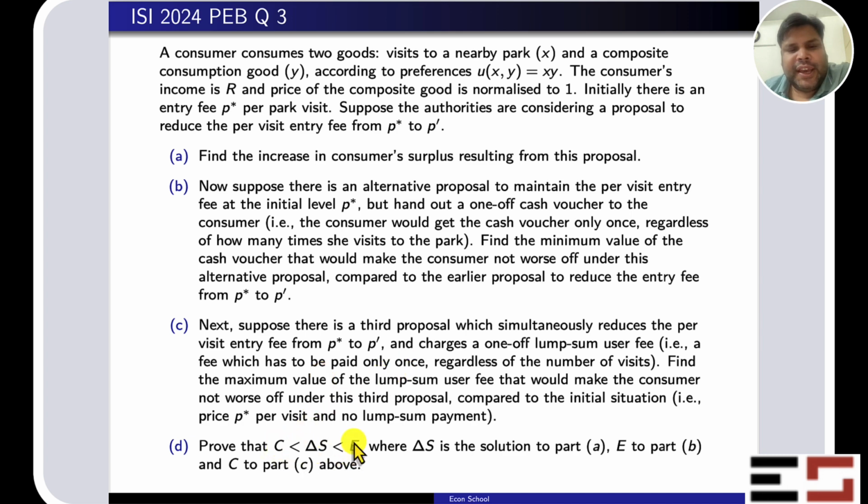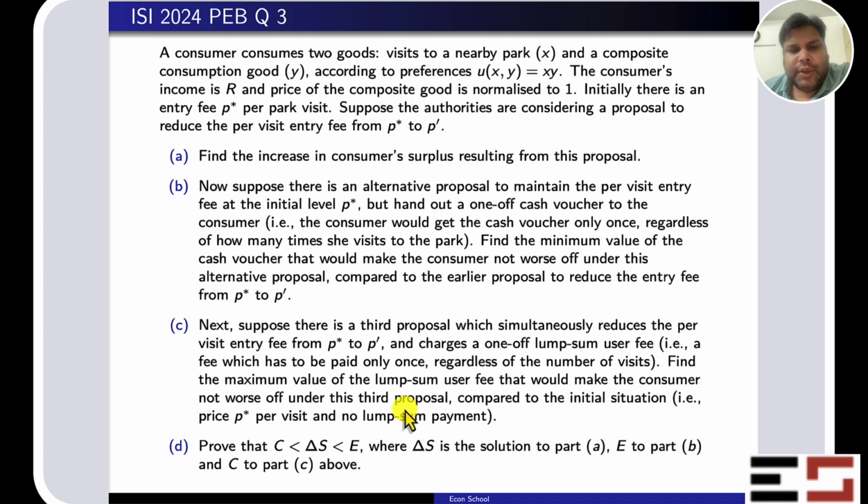And E is the solution to part E, which is the minimum amount that should be given to the consumer at the original prices so that the consumer is just as well off as he or she is with this proposal.